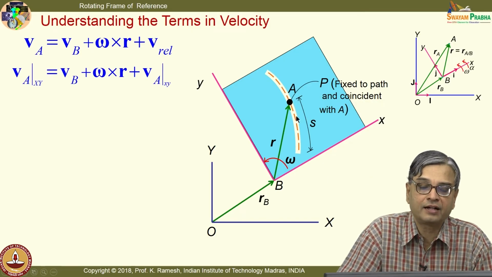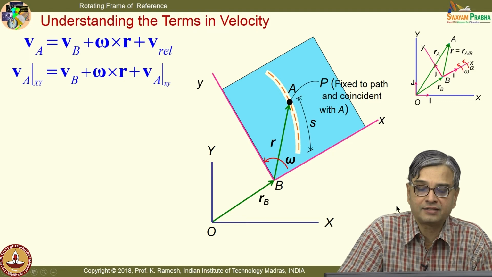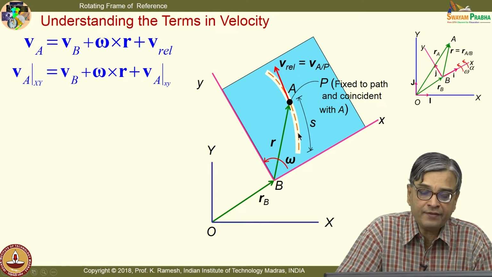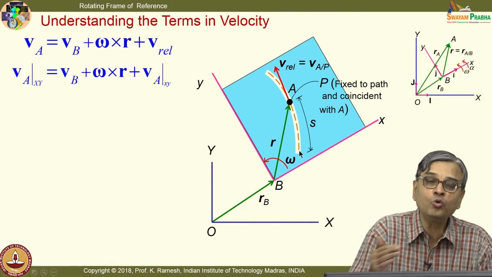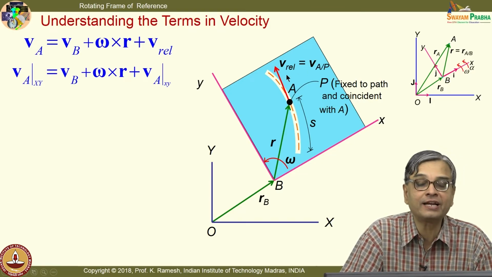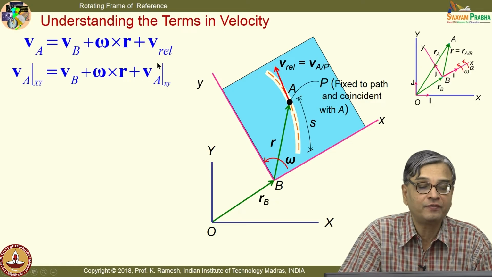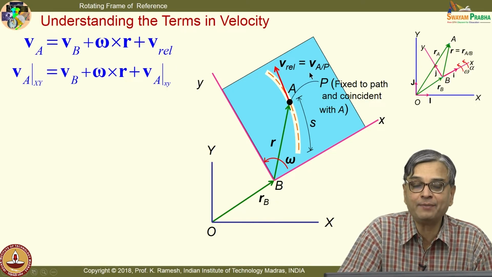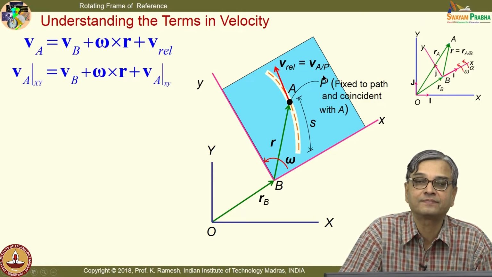I have the path denoted as a dotted line, and only when I sit in this frame of reference and move with it, I would be able to measure this. I would be able to get this VAXY or vrel, which is also labeled as velocity of A with respect to P. Is the idea clear?